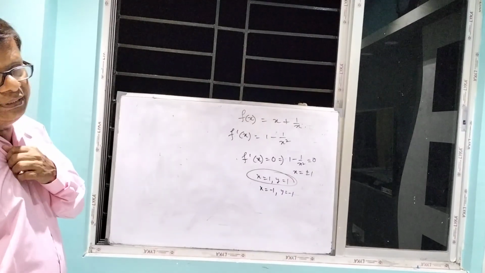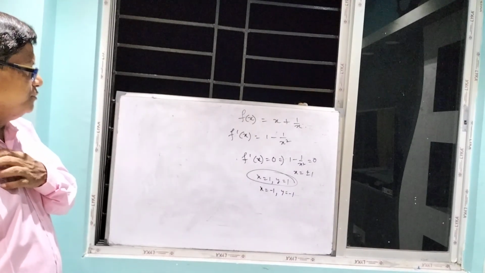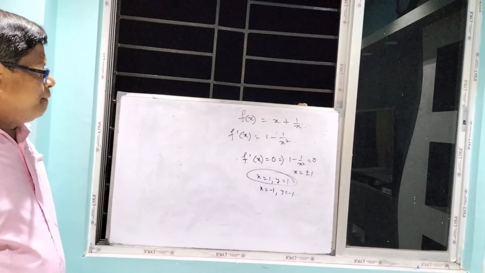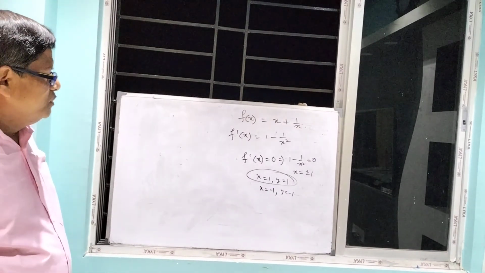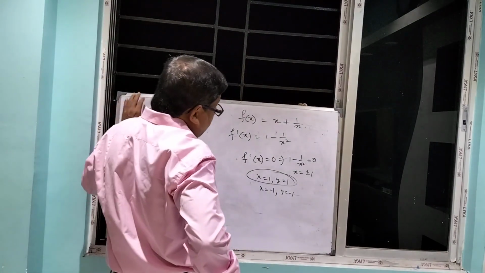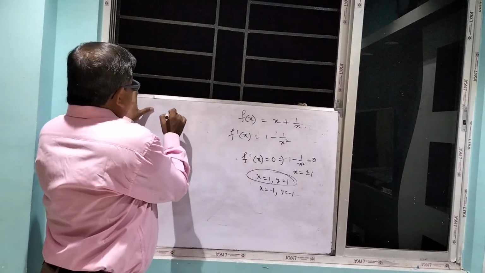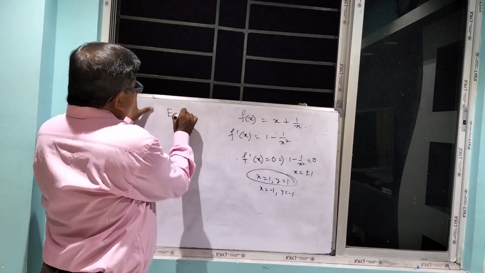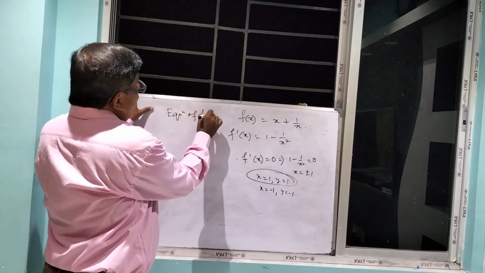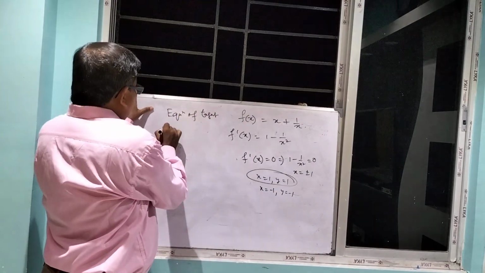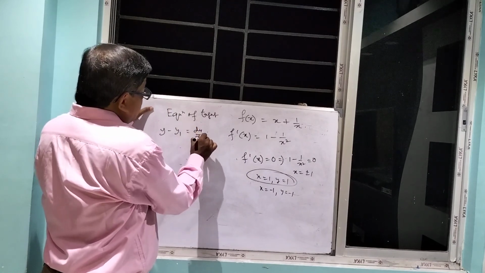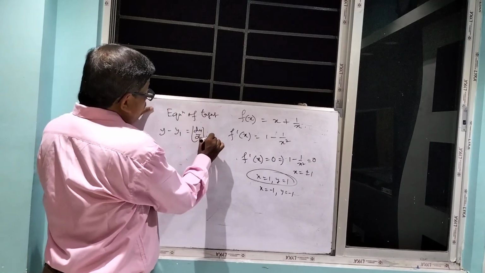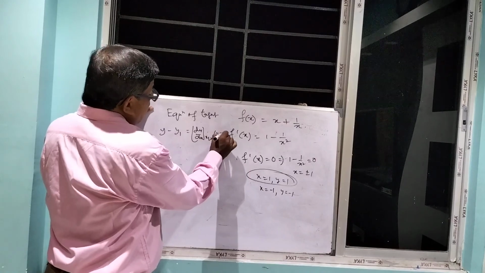Suppose the first point here, find the equation of tangent. So write the equation of tangent: y minus y1 equals dy/dx at the point (x1, y1) times (x minus x1).